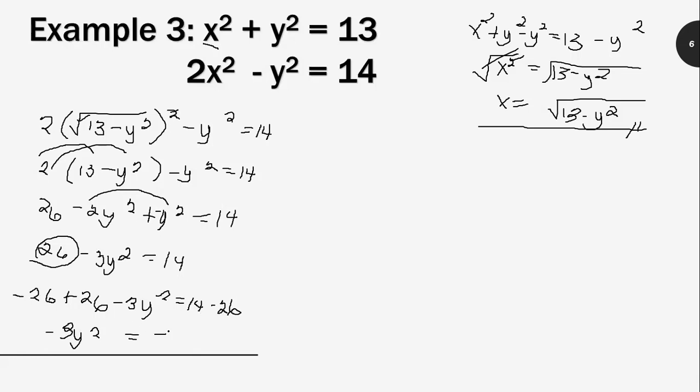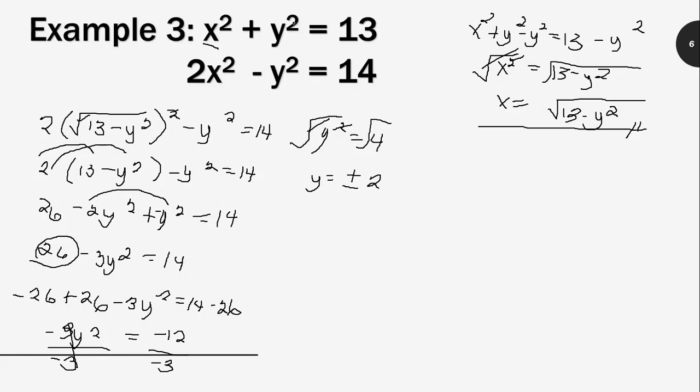We got negative 12. And then divide both sides by negative 3. So we have y squared is equal to positive 4, and then the square root of y squared. Y is equal to positive and negative 2.